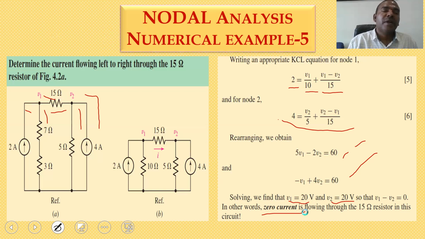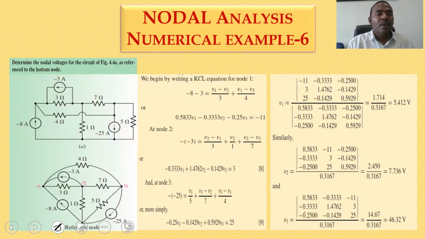Now coming to another example. Here we are going for the calculation using Kirchhoff's current law. The entire circuit is represented, so we have to go for the node voltages. We assumed node voltages V1, V2, V3 and a reference node. Now one by one node, we are writing the expressions.